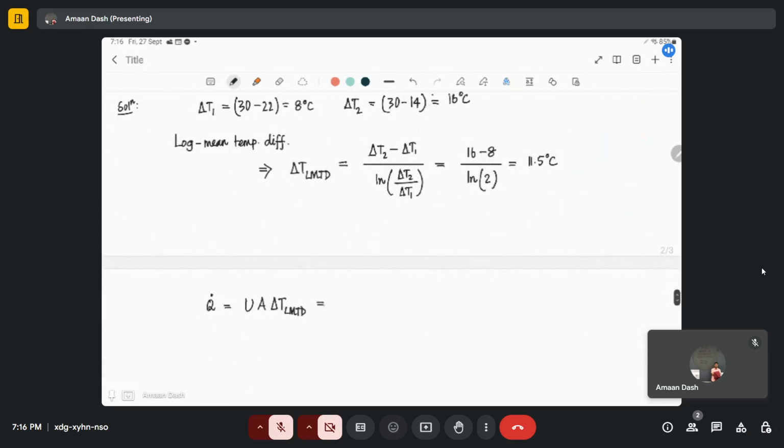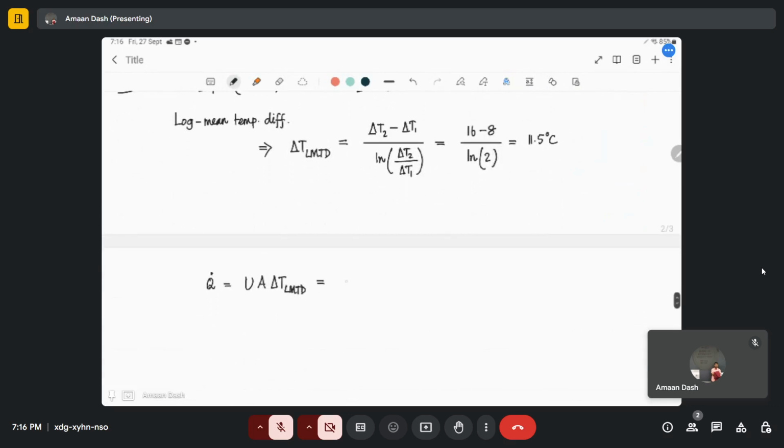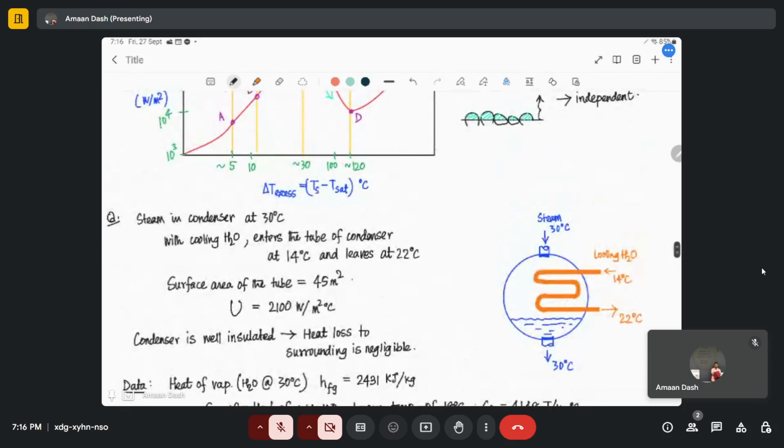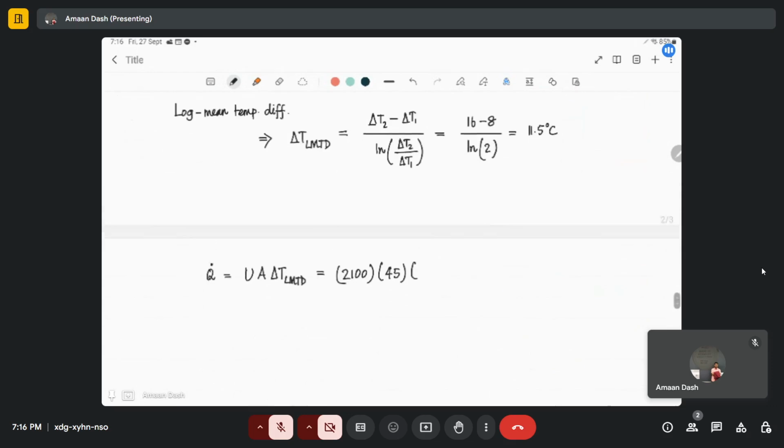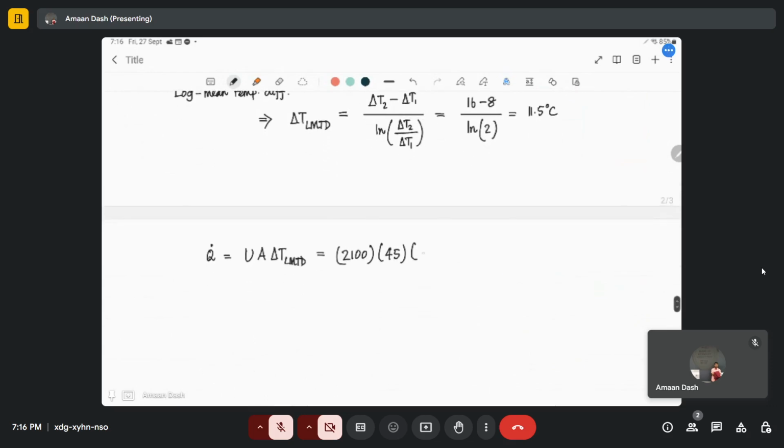So this is equal to 2100 times the area, which is already given to us, 45 meters square, times delta T LMTD, 11.5 degrees Celsius.